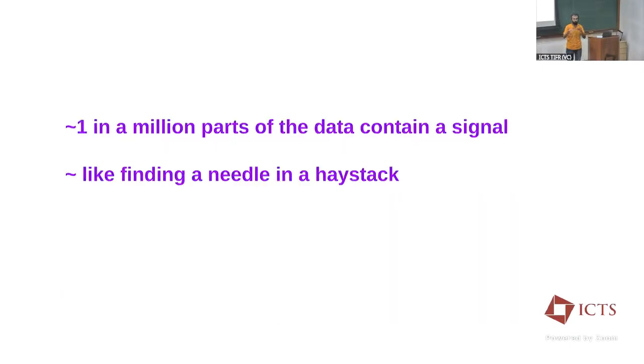So that's like a 1 in a million search problem, which is, I did some Googling, like finding a needle in a bigger haystack. So let's stretch this analogy a little bit further and understand what we mean by doing this gravitational wave data analysis by looking at how you would search for a needle in a haystack, literally.